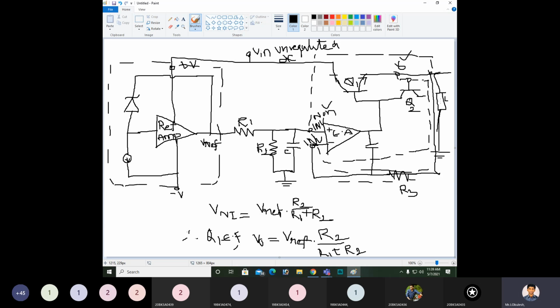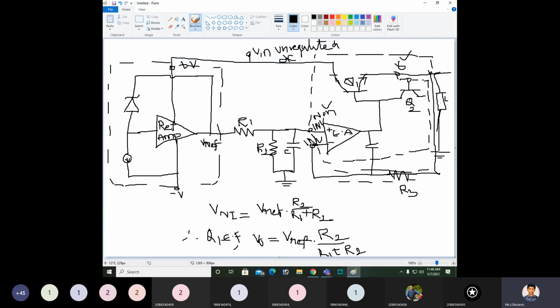You need to remember that from this we find the difference between the inverting and non-inverting inputs, where V naught is directly fed back to the inverting input terminal of the error amplifier. The output of this error amplifier drives the pass transistor Q1, so as to minimize the difference between the non-inverting and inverting input terminals of the error amplifier.